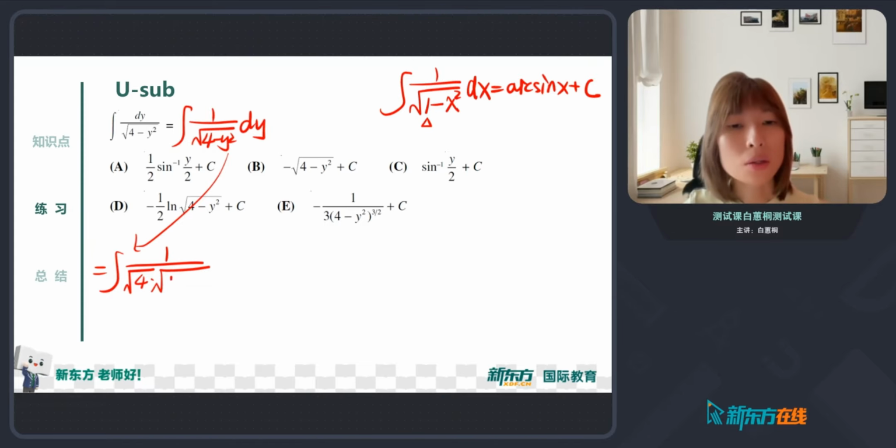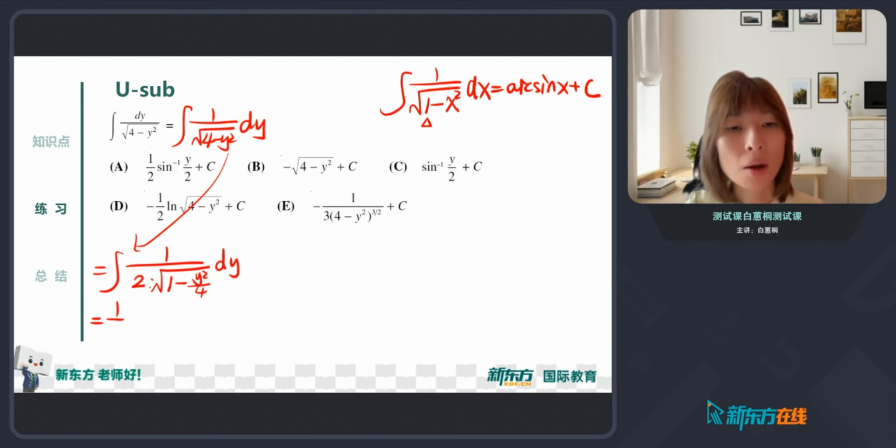Okay, so here is 1 minus y squared over 4, right? Because when you combine them together, it is the same as this. And then dy should be written here, and then the square root of 4 is actually 2, right? So we just write down 2 here, and then 1 over 2 can be dragged outside.